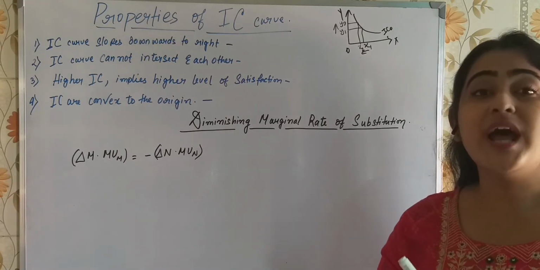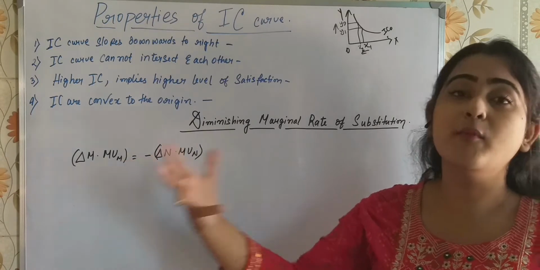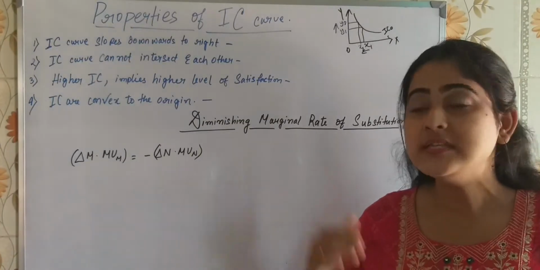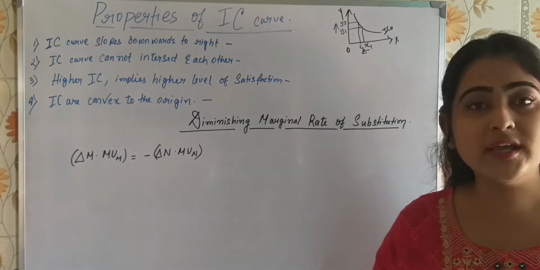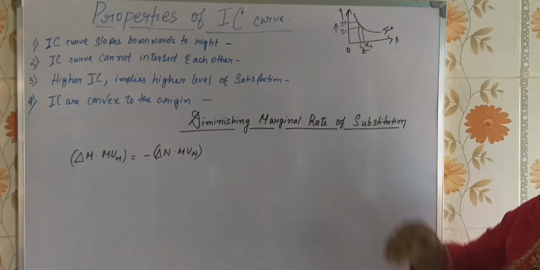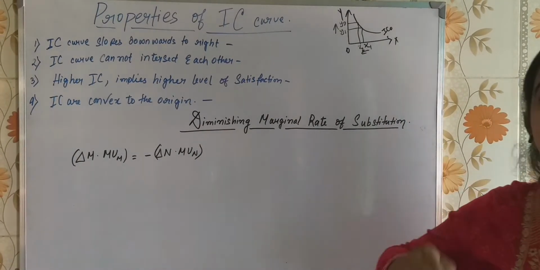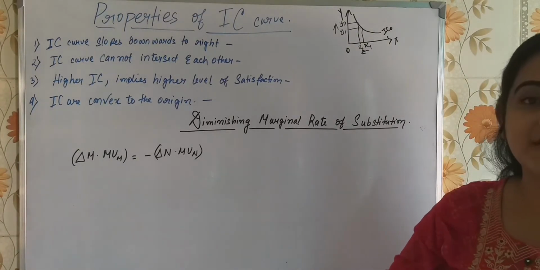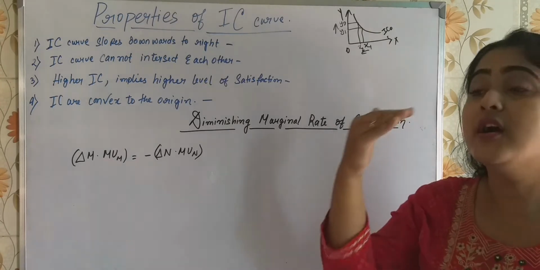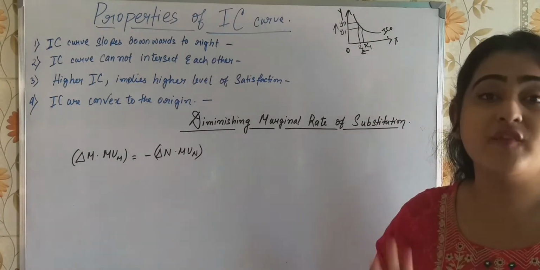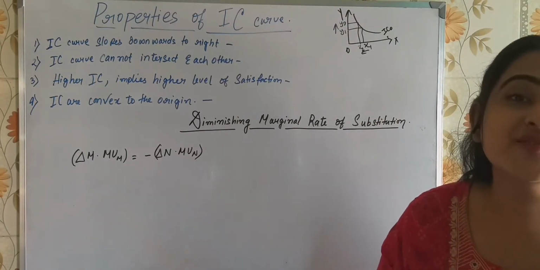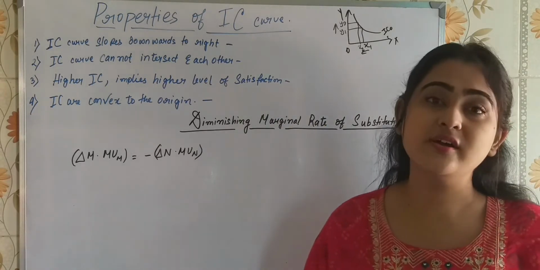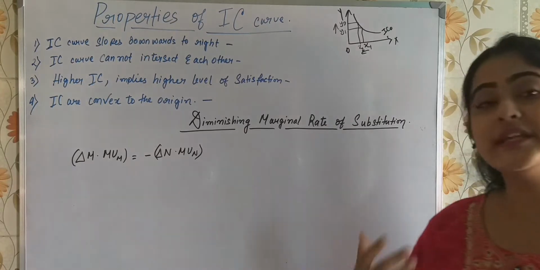If you need some more commodity X, you will consume more of X and less of Y. Similarly for commodity Y also. But you must know that my resources are limited. So if I am consuming some more units of X, definitely I will have to reduce the consumption of Y. And that is the reason why the IC curve slopes downwards or negatively.